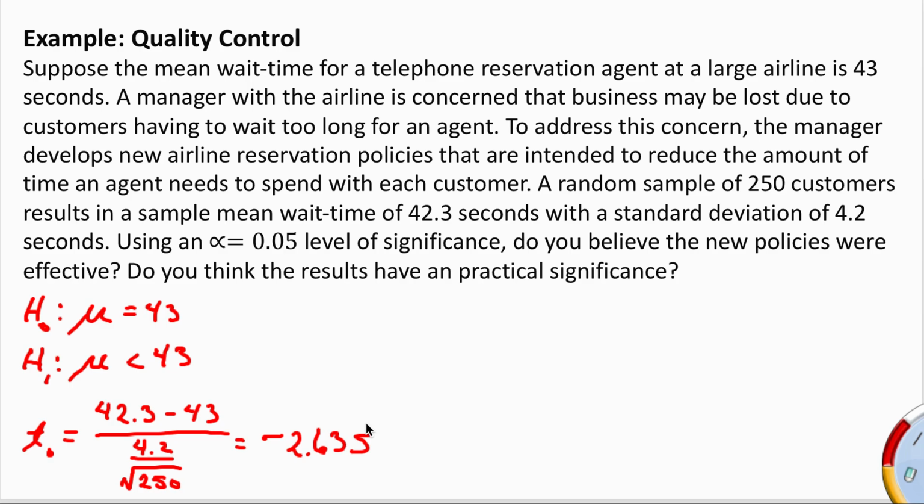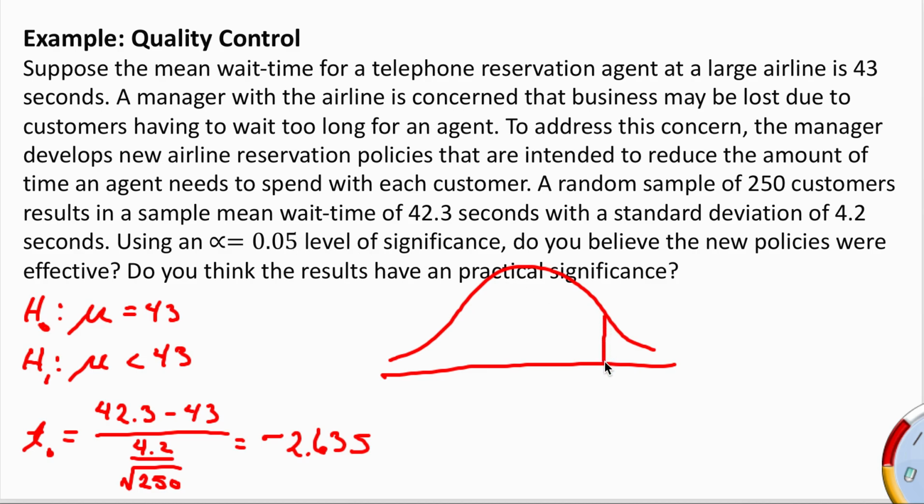Okay, so I'm going to look on my student's t distribution again at 249. I'm really going to look across the row of 100 because 249 is closer to 100 than 1,000. Going over again at 0.05, I see that intersection is at 1.66.